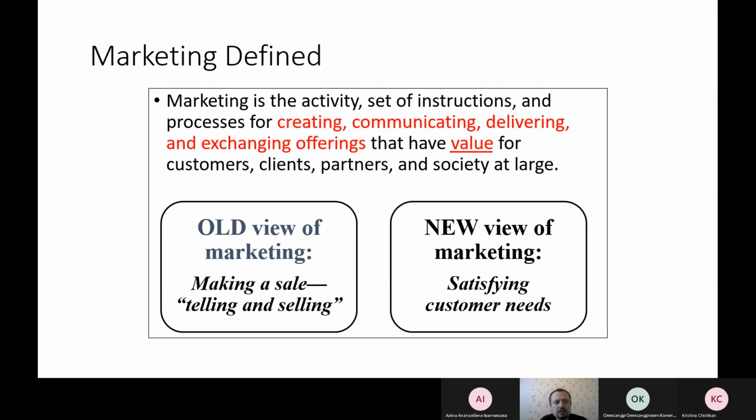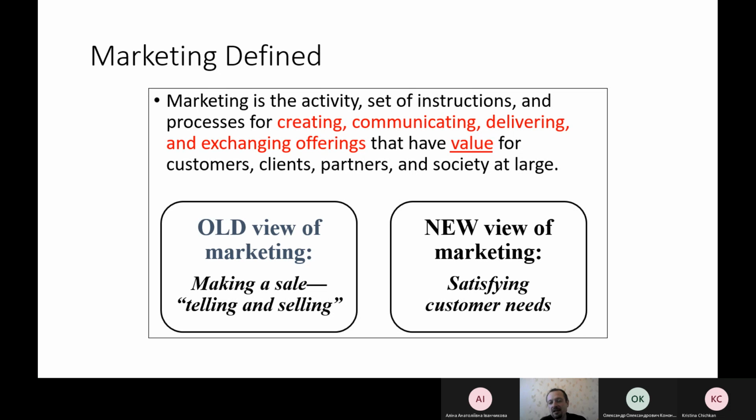But nowadays you have to look at marketing as an activity which must begin from searching for the needs and demand of our customers. So if we understand the needs of our customers better than our rivals, and if it is possible for us to produce a product with features which satisfy their needs in the best way, in this very case, they will buy our product, our services, and we will be profitable.